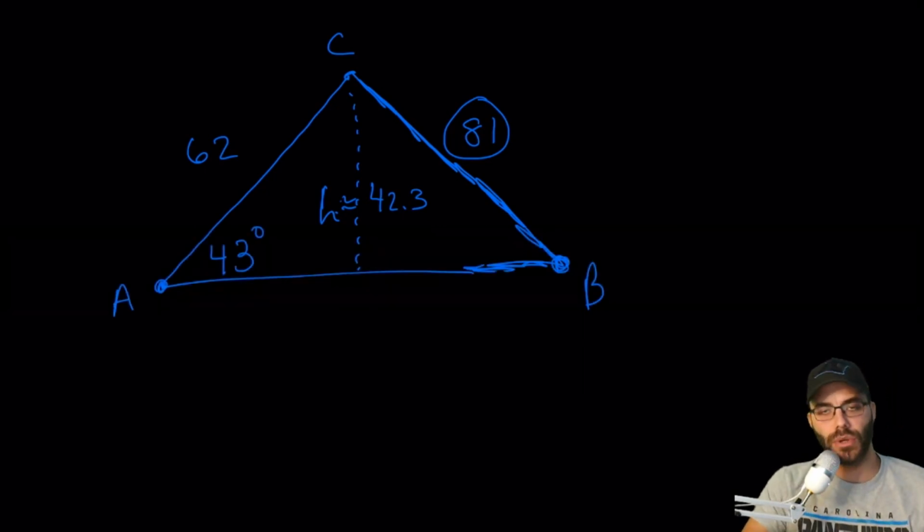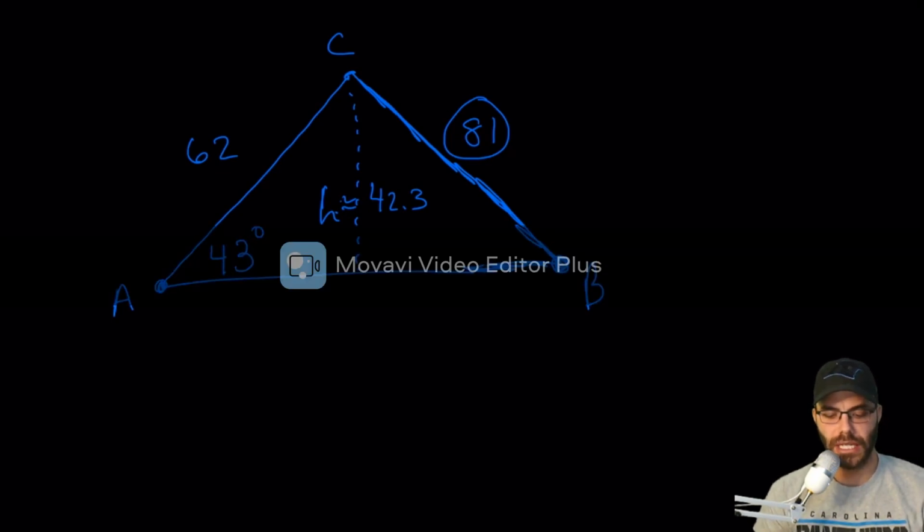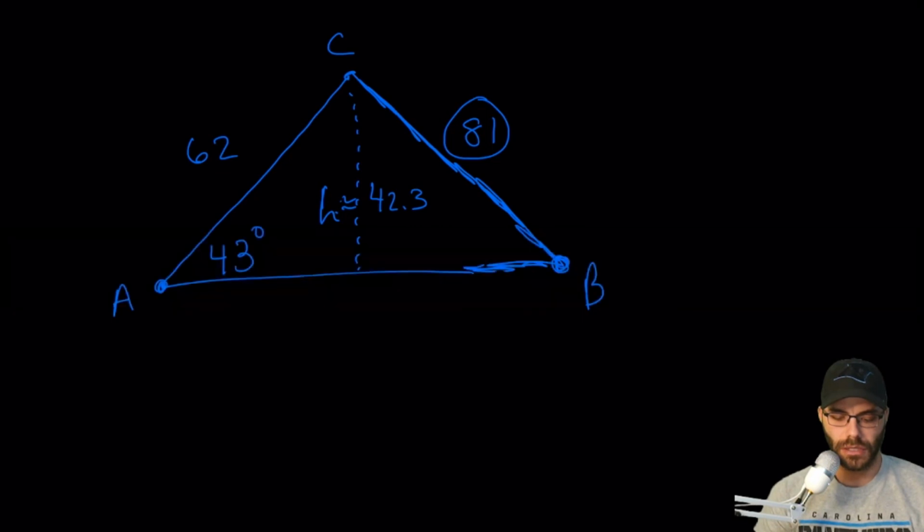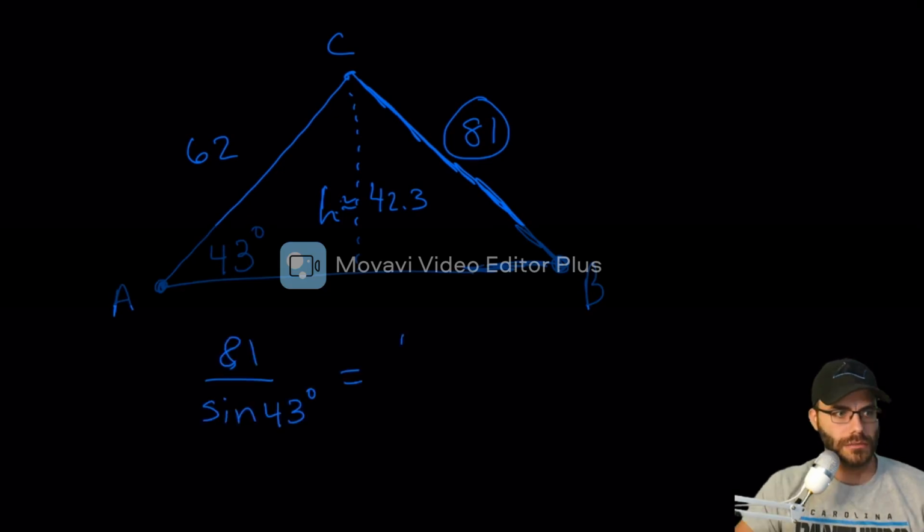But let's say we want to find angle B. That's all we can find right now, right? Because we have the ratio of side A and angle A, we can write 81 over sine 43 is proportional to 62 over sine B, using the law of sines.